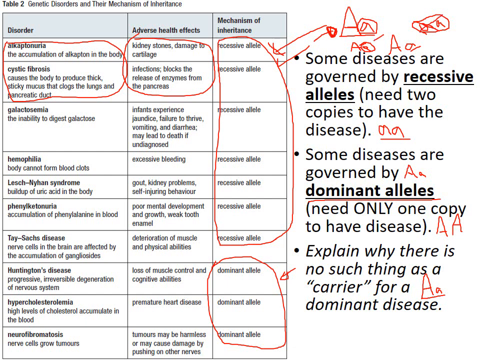But you still have these carriers that hide that diseased allele with them, and they reproduce and pass on the genes. Whereas if you have a dominant allele disorder, as soon as you have that dominant allele, you have the disease, and you might not be able to reproduce, or you might die young, and so you're not passing on that allele anymore. So it's not hidden in you. It's shown right away, or usually at an earlier age.